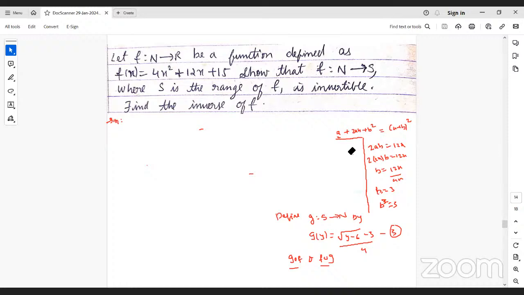We require this G of Y function, and we will use it to simplify.